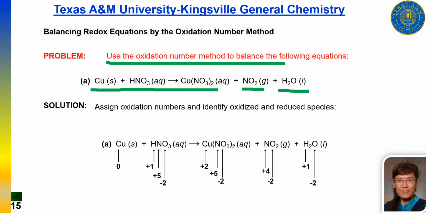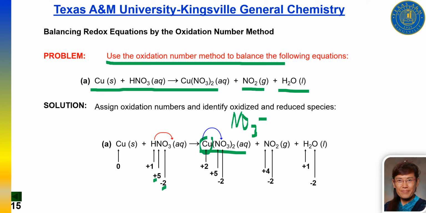First of all, you are going to assign the oxidation numbers for the different elements. Copper by itself, 0. HNO3: hydrogen positive 1, nitrogen positive 5, oxygen negative 2. And then you produce copper nitrate. Nitrate, NO3 negative 1, therefore meaning your copper is positive 2.